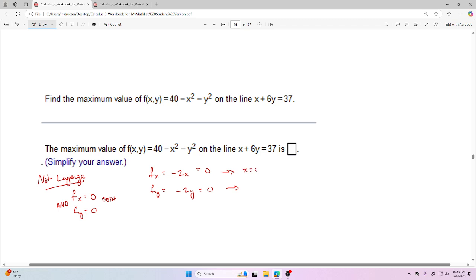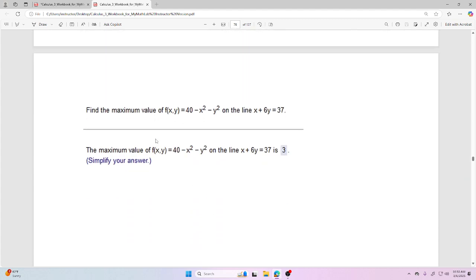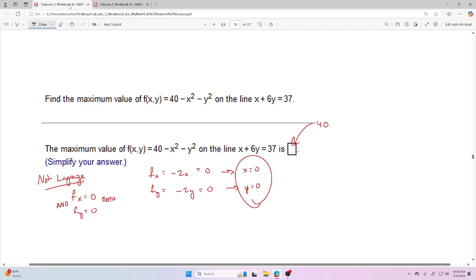In a weird twist of fate here, this is the only answer I came up with. It says, what's the maximum value? And I want to just say it's 40 because I plug it in and it's 40. Let's go see if that's the case. I'm a little nervous because it was way too easy. Oh, okay, that's fine.